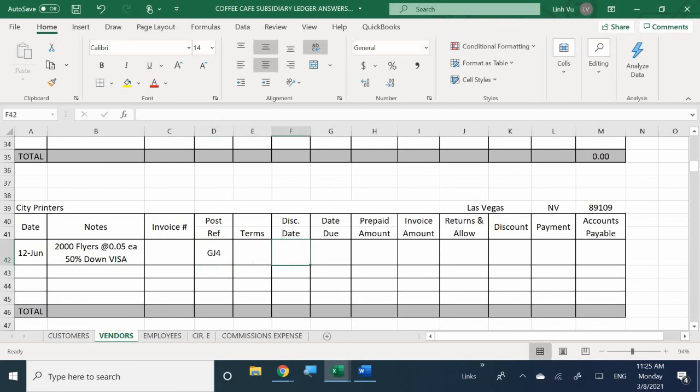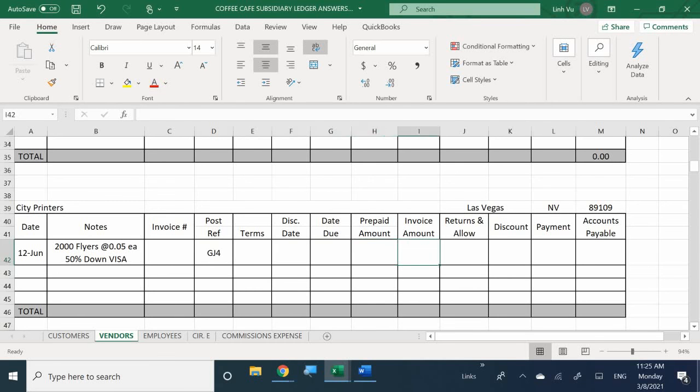No terms, no discount date, and no due date because we haven't even received the advertising, nor did we receive the invoice number. However, again, because we're treating it like a bill that we paid, right? And the next time we receive the items, we're going to use the prepaid accounts afterwards.